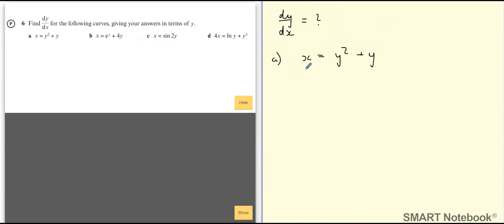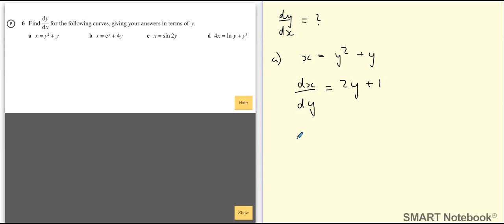So when we differentiate x, really we're going to get dx by dy equals 2y plus 1. How can I get dy by dx from here?